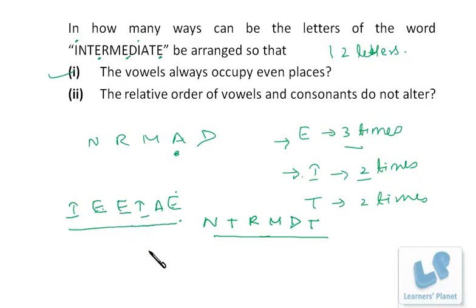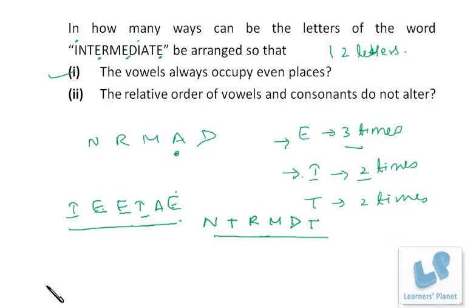So first let me arrange the 6 consonants. Now 6 consonants can be arranged in 6 factorial ways, but we cannot do that here, because in 6 factorial ways the order of the consonants will definitely be changed. So what is the alternative approach?